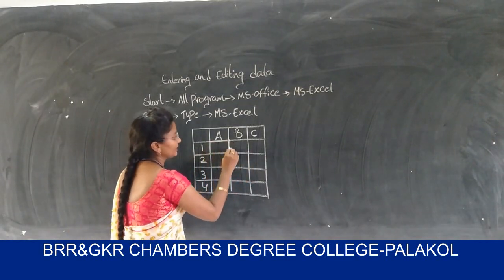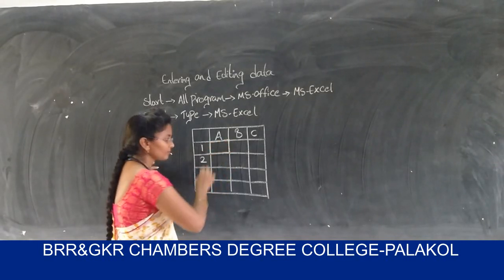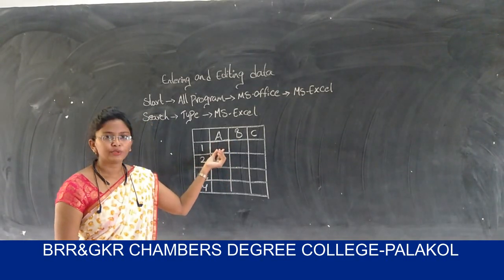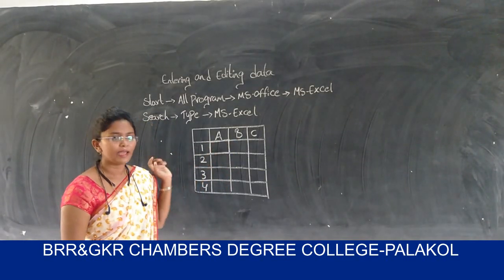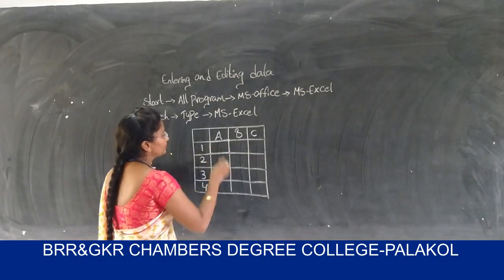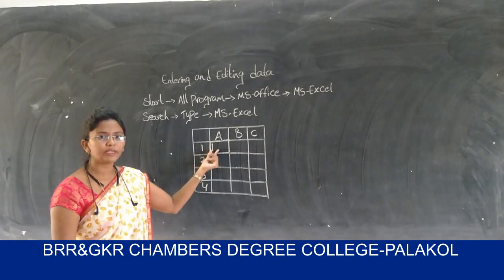This is the active cell. How can you know that this is an active cell? The rectangular border will appear in this cell, then you can find this cell is an active cell. If you click on this cell, then one cursor will appear here. One cursor is blinking here.